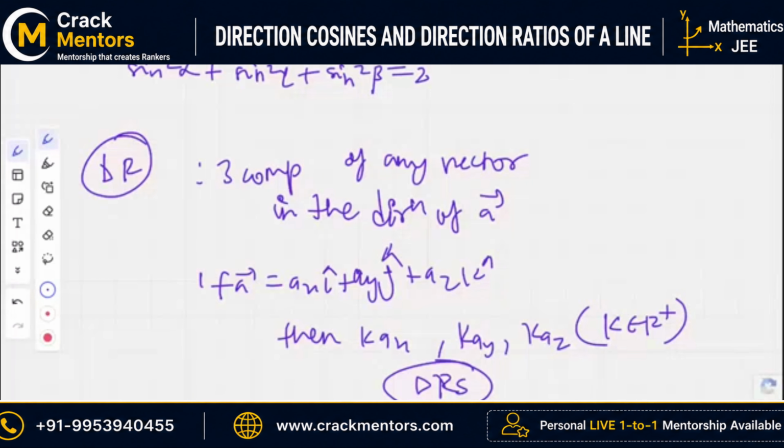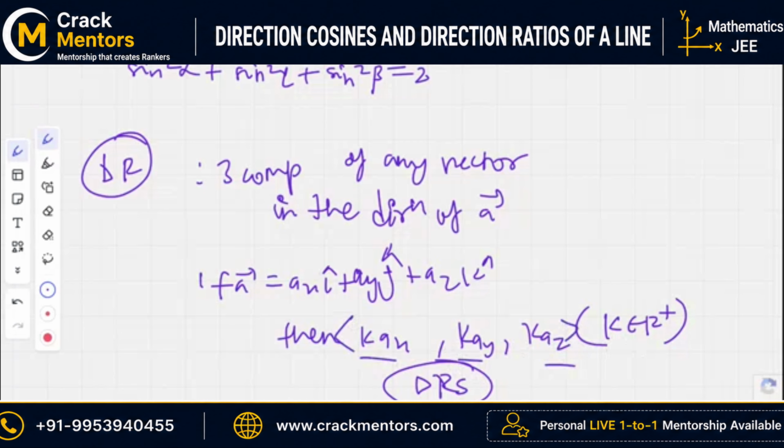Okay, why are we not taking any negative k? What would happen if we take a negative k, which is a negative scalar? Why can't we take that? I mean, cos is more easily defined for positive values, right? No, I'm asking here. This is a vector. I'm taking these as direction ratios, right? Why k cannot be negative here?